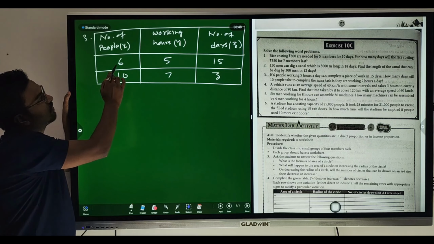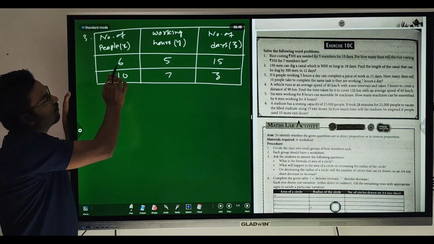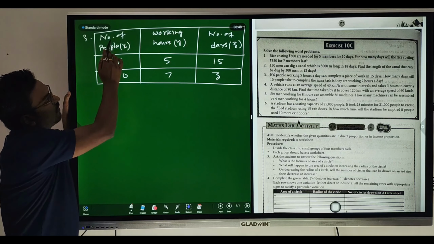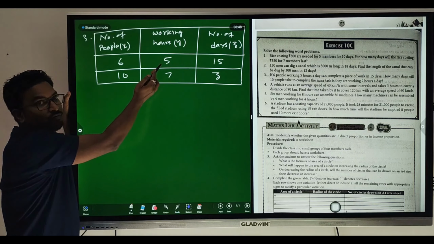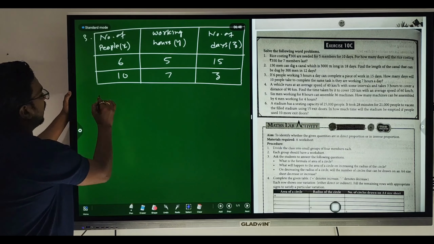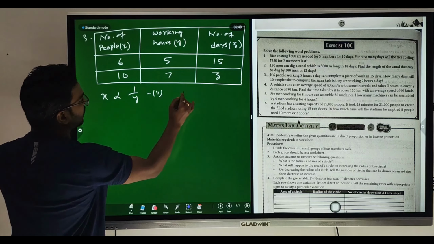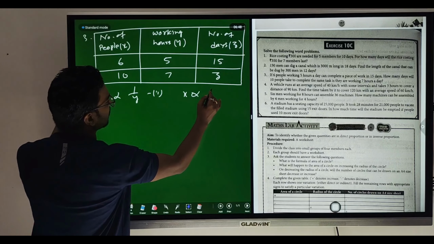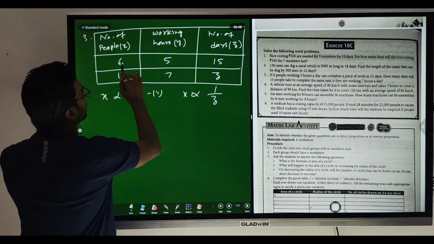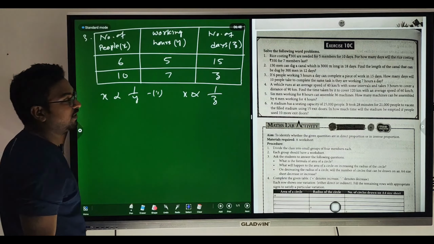Suppose there are 6 people and they are working 5 hours for 15 days. If the number of people increases, then they don't have to work for 5 hours. That will decrease, right? So x is inversely proportional to y, as well as x is inversely proportional to z. If the number of people is increased, the number of days will decrease, right?